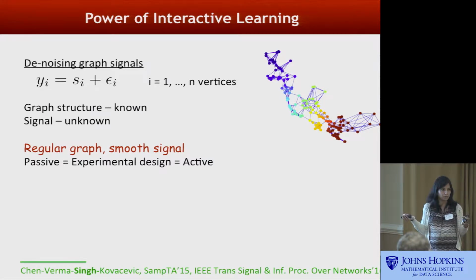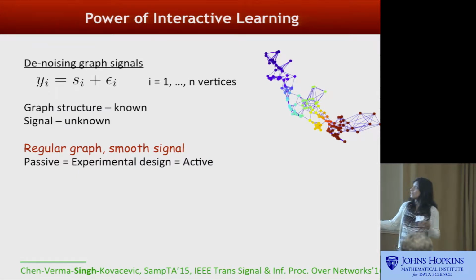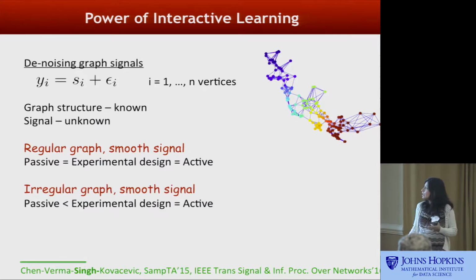It's homogeneous smooth. Okay, in that case, we can actually show that passive learning, which is the classical learning, doesn't do anything intelligent, or randomly subsamples, let's say, the nodes here, is the same as experimental design, is the same as active learning.